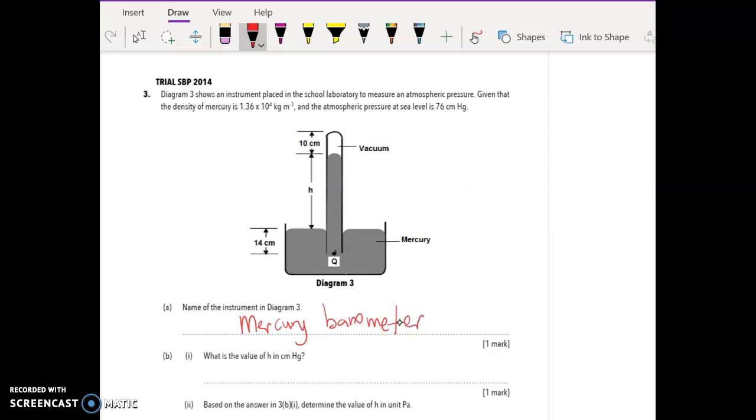Okay, what is the value of H in centimeter Hg? Okay, so you know that H is 76 centimeter Hg. So the height is simply 76 centimeter.